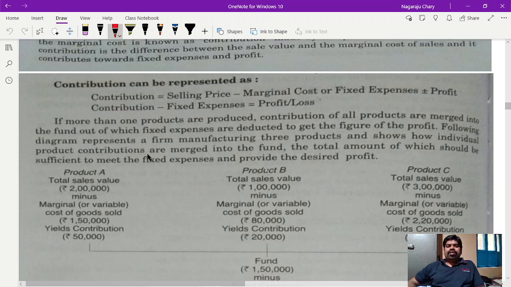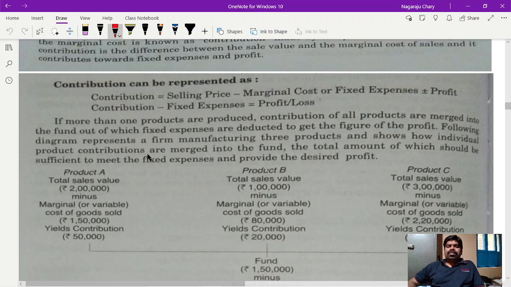Like that, in marginal costing, from the selling price of the product, the variable cost is to be deducted. The difference between sales value and the variable or marginal cost gives us contribution.